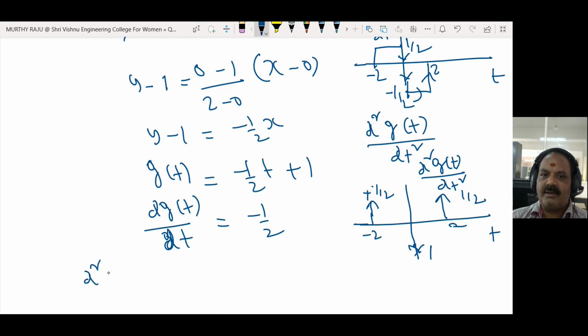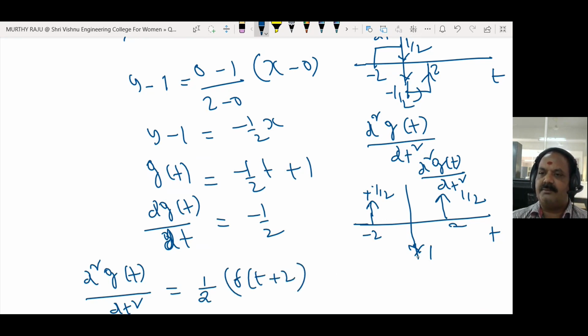Therefore, d square g of t by dt square, converting this into mathematical form, is equal to 1/2 delta of t plus 2, into 1/2, this one is -1, minus 1 into delta of t, plus 1/2 into delta of t minus 2. A left shifted impulse function and a right shifted impulse function.